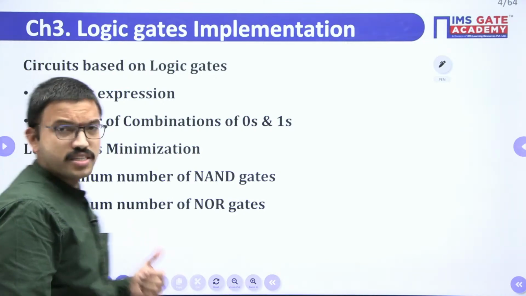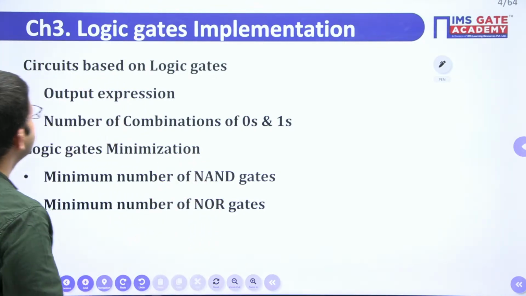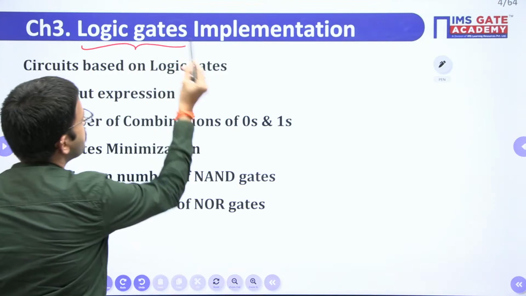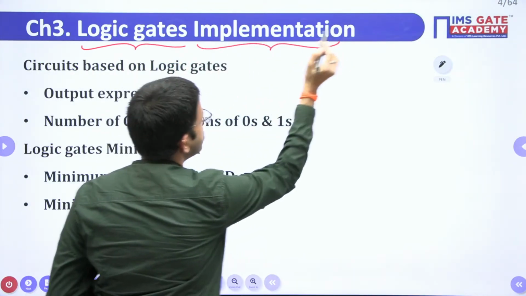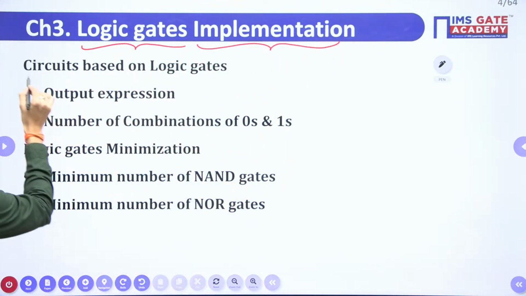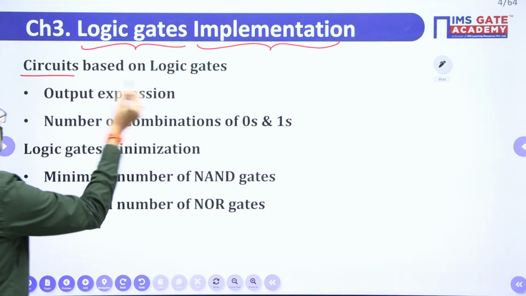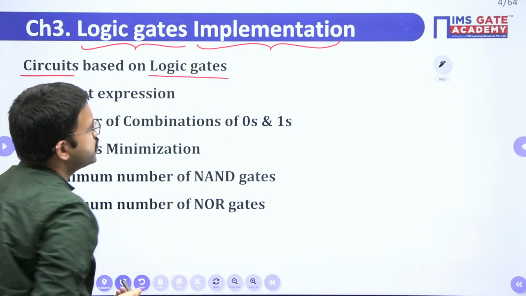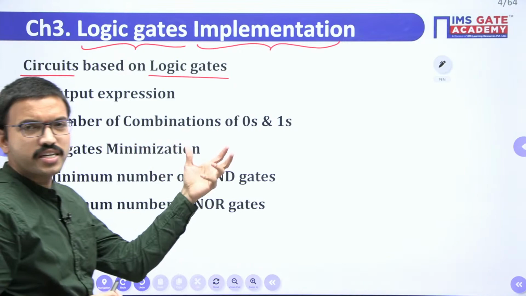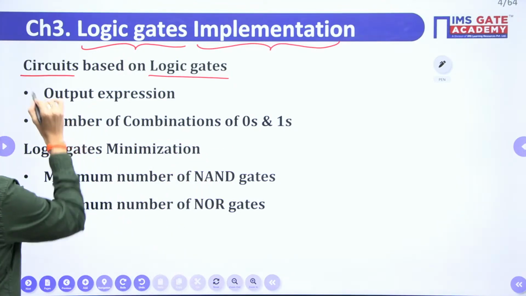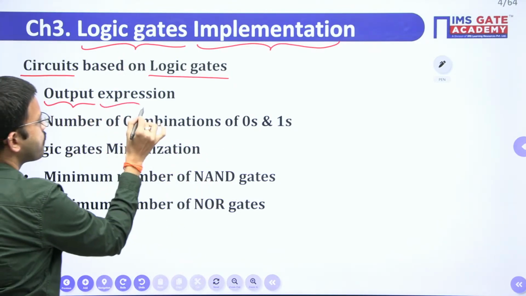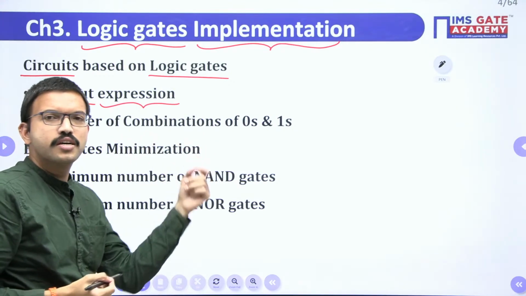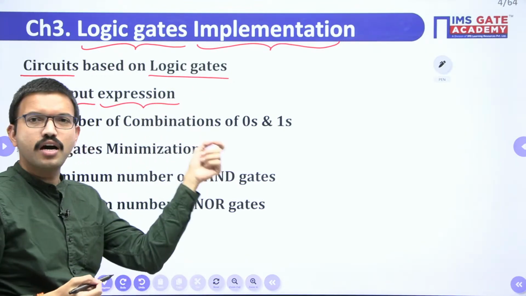So in this particular session, first we are going to start with logic gates implementation. In this chapter, we'll discuss questions related to circuits based on logic gates. Here you will have one particular circuit, and you have to find the output expression. They will give some circuit based on logic gates, and you have to find the output expression.